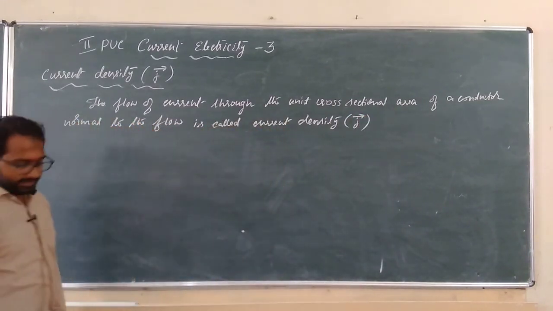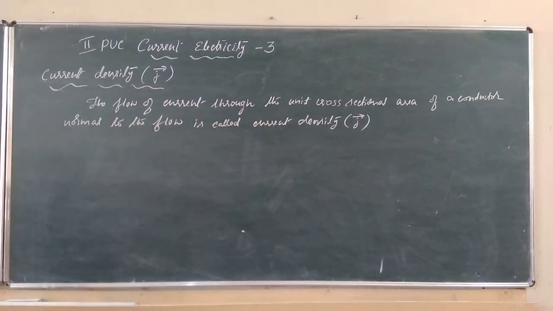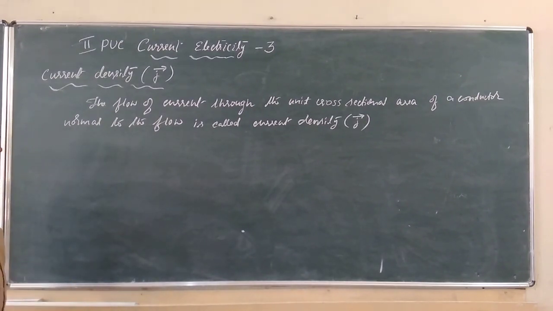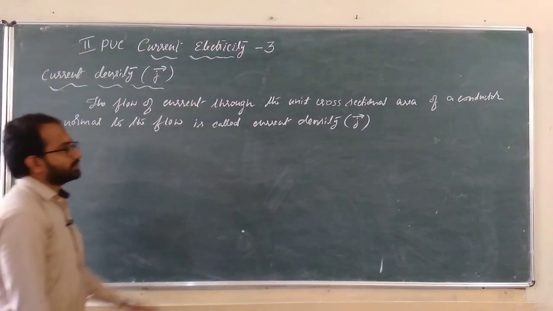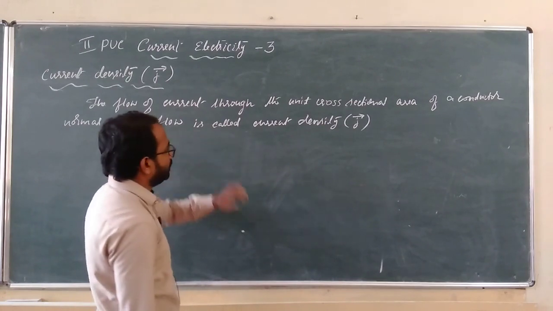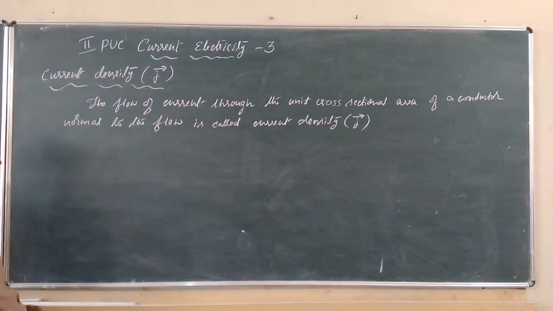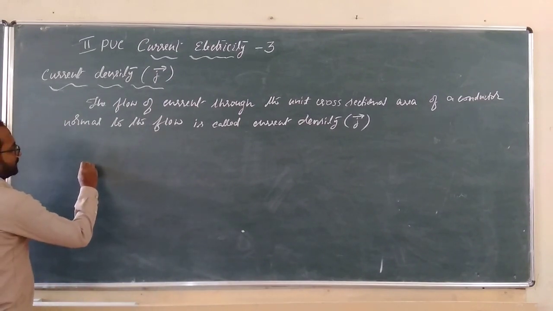The flow of current through a conductor per unit cross sectional area, or the flow of current through the unit cross sectional area of a conductor normal to the flow. Okay, that cross sectional area should be normal to the flow of current is called current density, and it is a vector quantity.